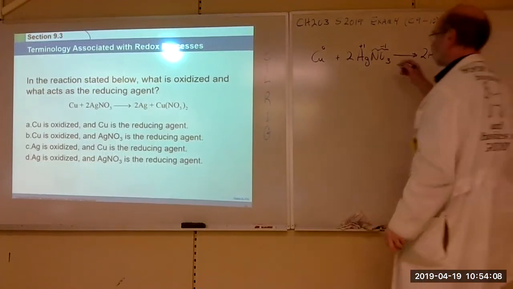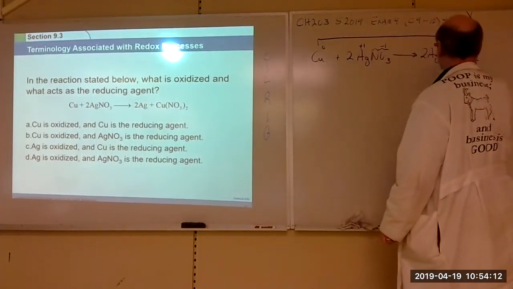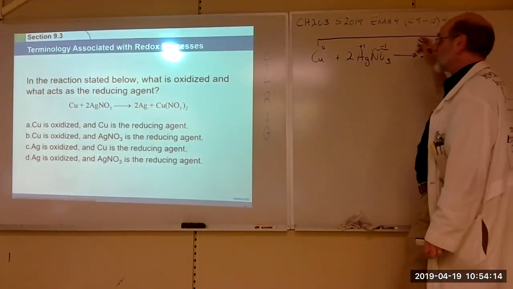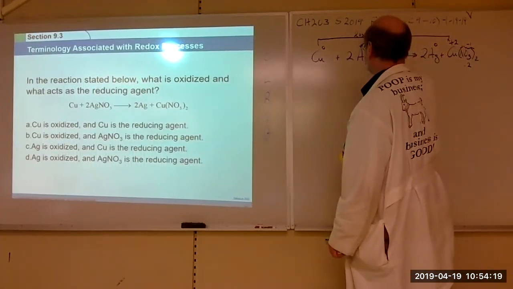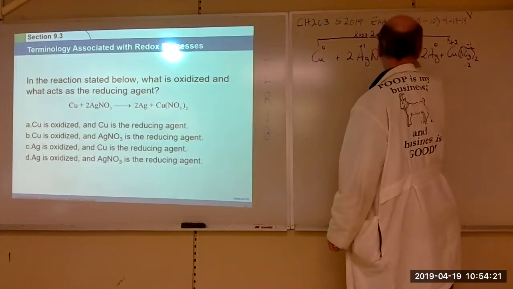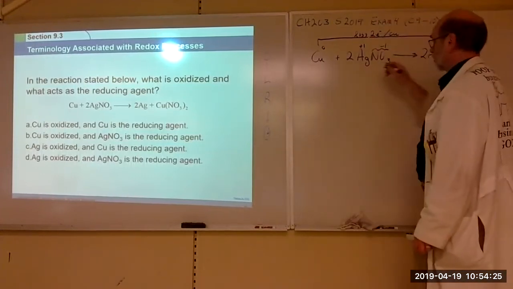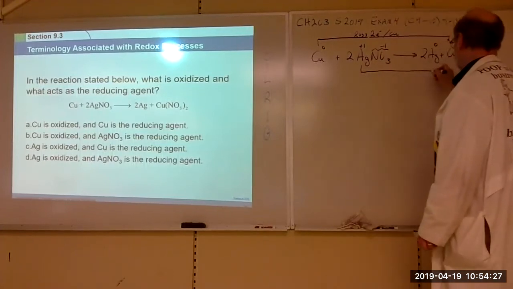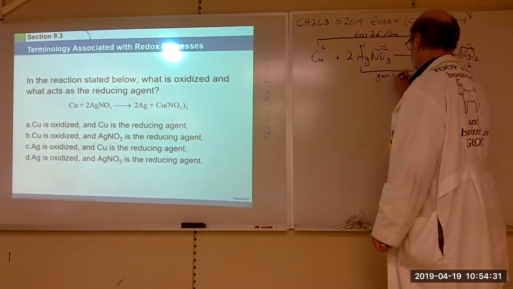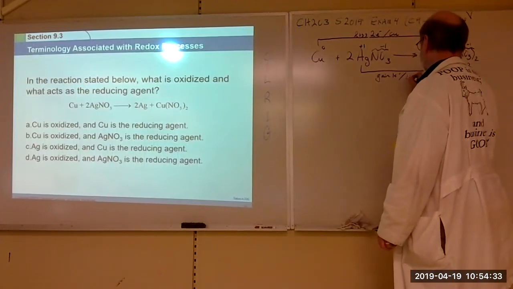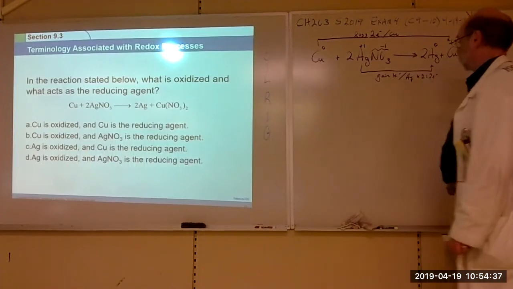Now what's happened? Well, the copper obviously changed from 0 to +2, so what did it do? Lost 2 electrons per copper. And the silver went from +1 to 0. It had to gain 1 electron per silver times 2 equals 2 electrons.